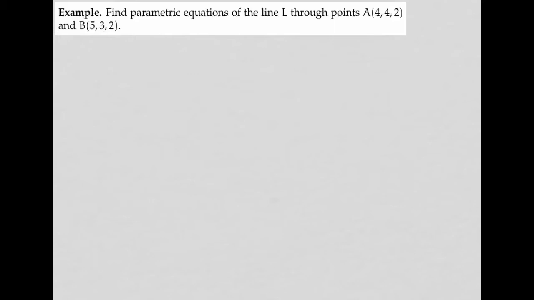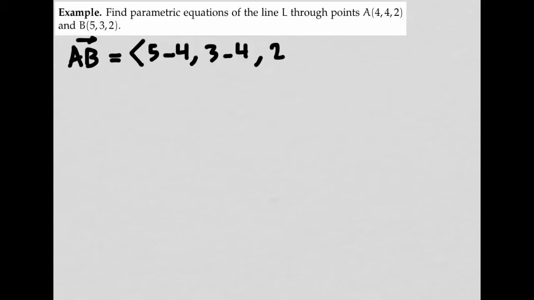The vector AB has components 5 minus 4, 3 minus 4, and 2 minus 2. So the vector AB has components 1, -1, 0. And this vector is parallel to the line L.